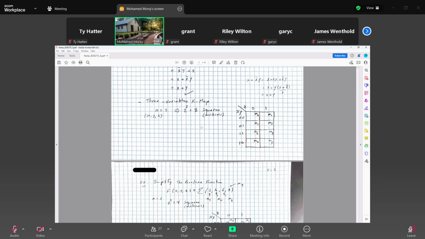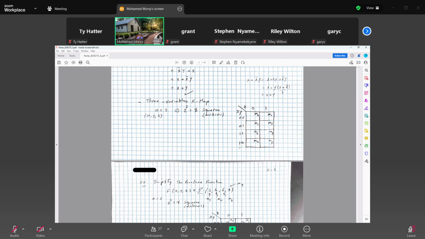If we have three variables, which means n equals 3, like x, y, z, or A, B, C, how many minterms do we have, or how many squares inside the Karnaugh map? 8. Perfect. 2 to the power 3 is 8.